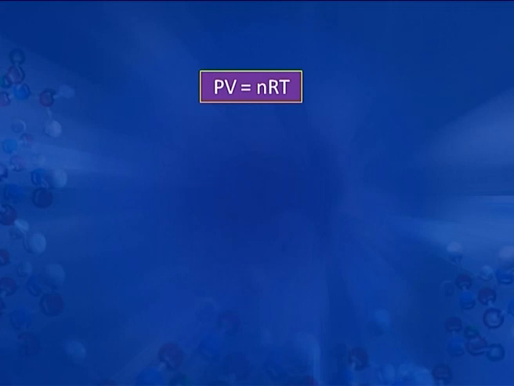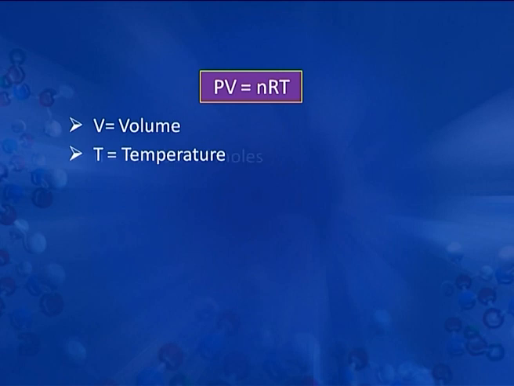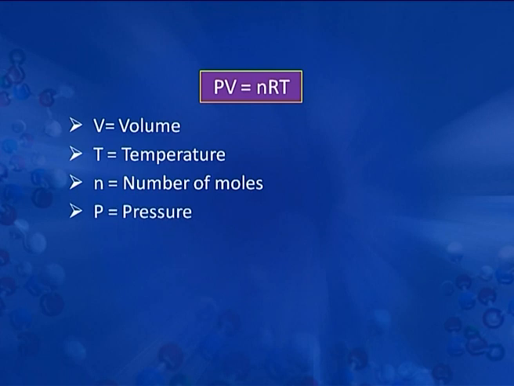In this equation, V is the volume, T is the temperature, n is the number of moles, P is the pressure, and R is the ideal gas constant. R has different values, depending on the unit we use.